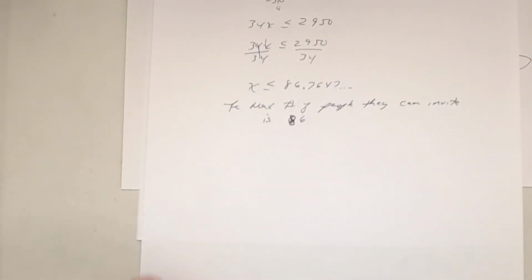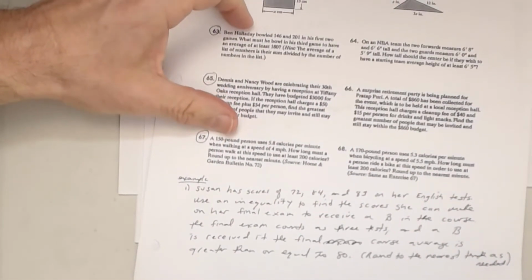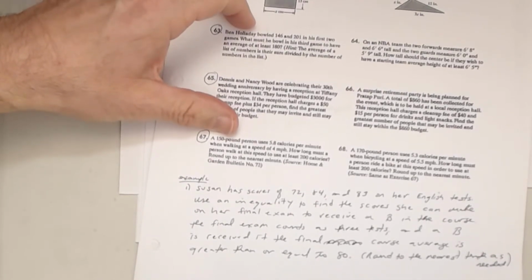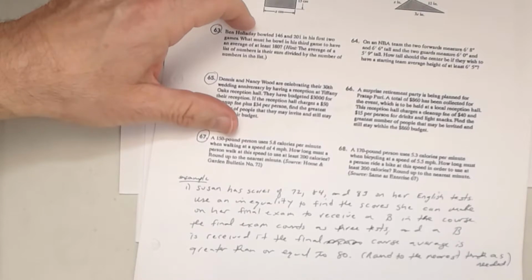67. Okay, so in 67, anyone weighing 150 pounds uses 5.8 calories per minute when walking at a speed of 4 miles per hour.